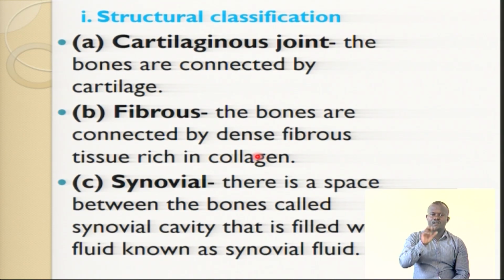The bones connected by cartilage are cartilaginous. The bones connected by a dense fibrous tissue rich in collagen are fibrous. We have synovial joints. These are spaces between bones, called the synovial cavity, that fill with a fluid called synovial fluid.